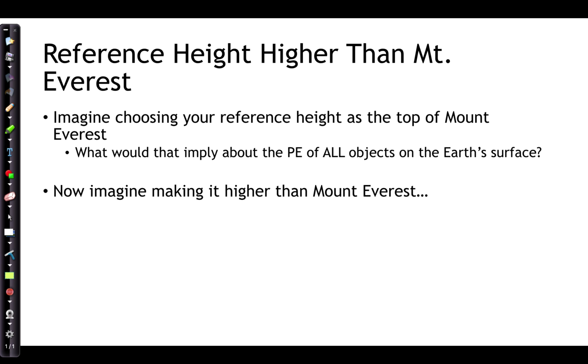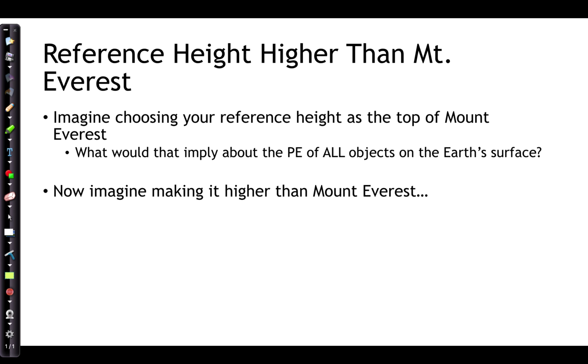We can't use mg delta h anymore, so we have to choose a different reference frame. And that reference frame is not on the top of Mount Everest, but higher. It actually is higher than the space station. So imagine h equals 0 moving up above the space station, but higher than that still.